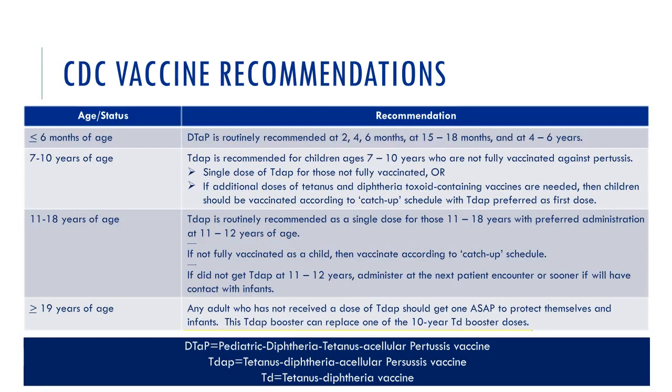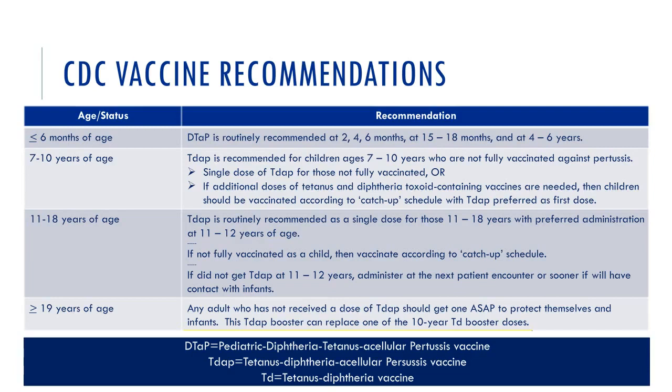At ages 7 to 10 years of age, Tdap, which is a tetanus, diphtheria, acellular pertussis vaccine, and this is a slightly weakened version of the pediatric pertussis vaccine. The Tdap is recommended for children ages 7 to 10 who have not been fully vaccinated against pertussis, looking at the schedule above.